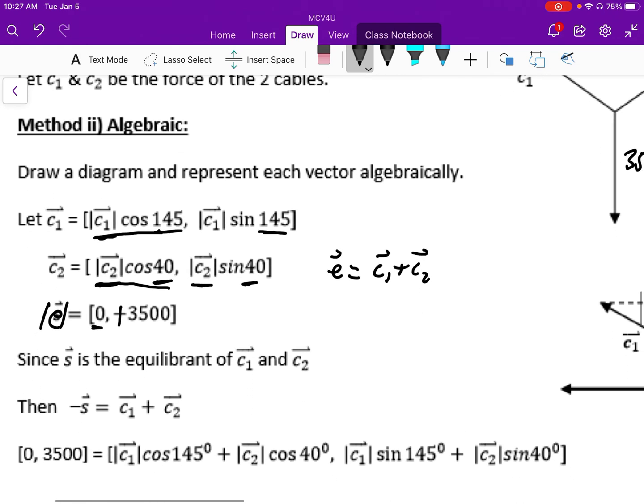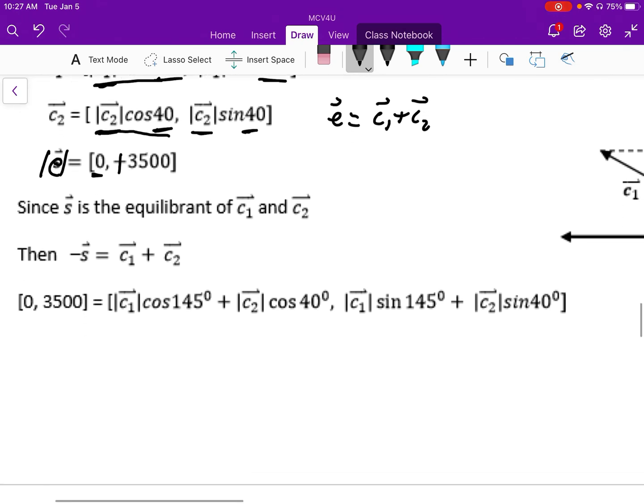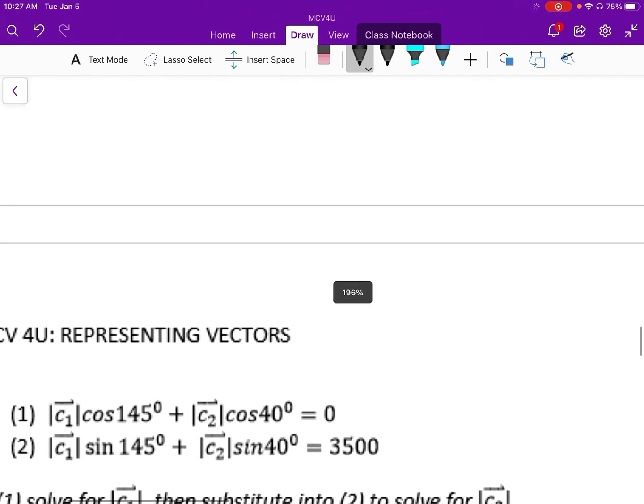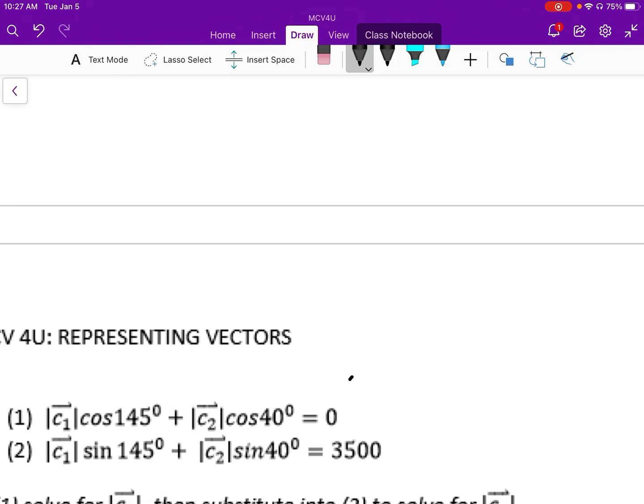Take a look. Let's see what we've got down here. Look at the two, right? Here's the equal 0 right there, the one we just did. The y component, to get to the 3,500, you add the y components together. And look what you come up with. You've got two equations, equation 1 and equation 2.